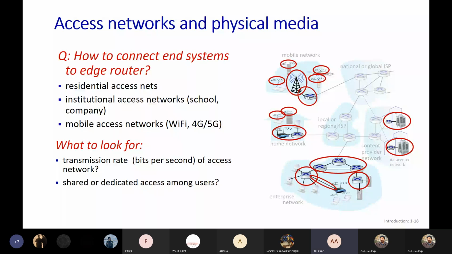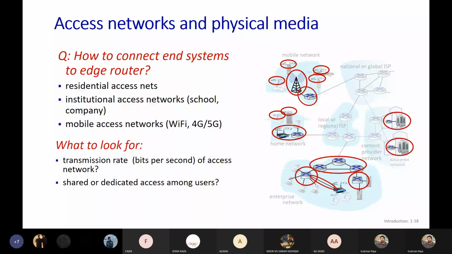Okay, 4G, mobile network. So let's call it a mobile access network. This is one example of how you connect end systems to the edge router, using a mobile access network, that is 4G or 5G.